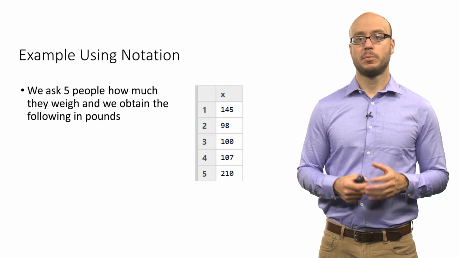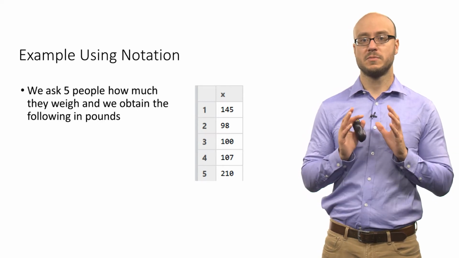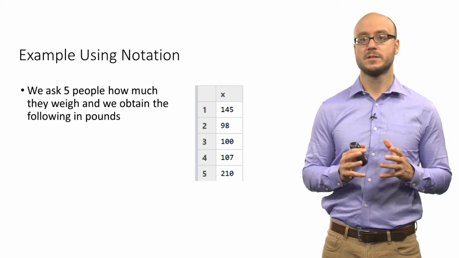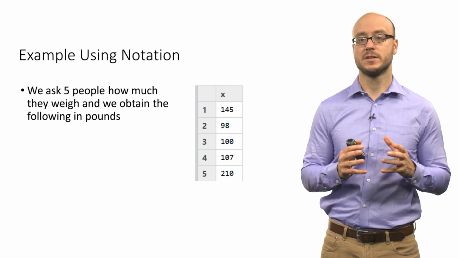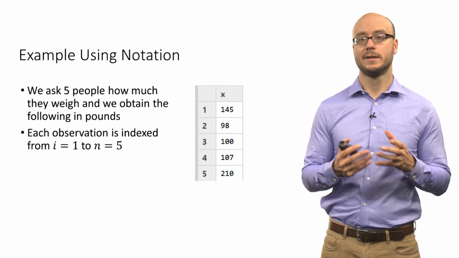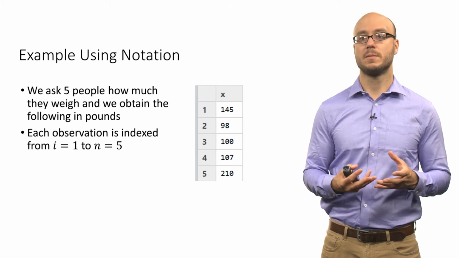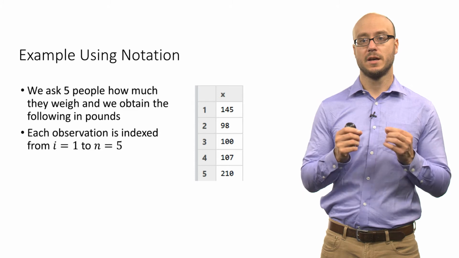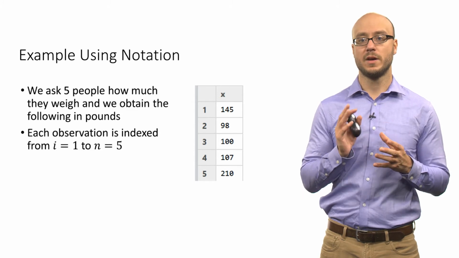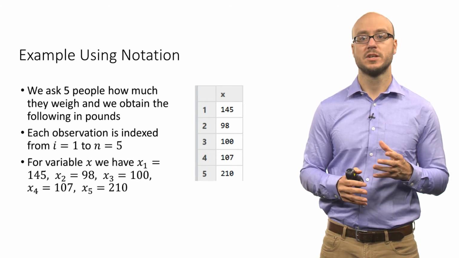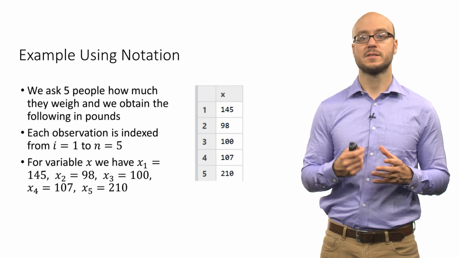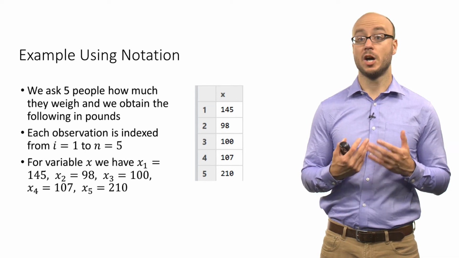So here's an example of using this notation. In some sense we've already covered this, but I think it's useful to talk about it again. If you have this small data set of 5 rows, or 5 observations, or 5 cases, it's useful to index these observations. The observation x subscript 1 is simply 145.